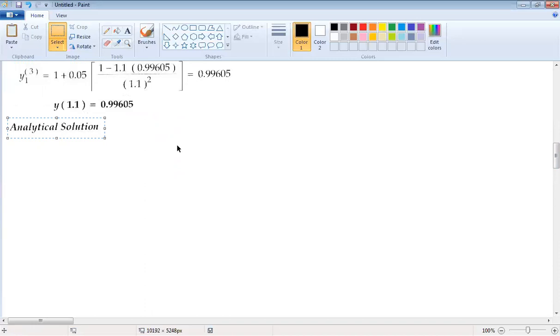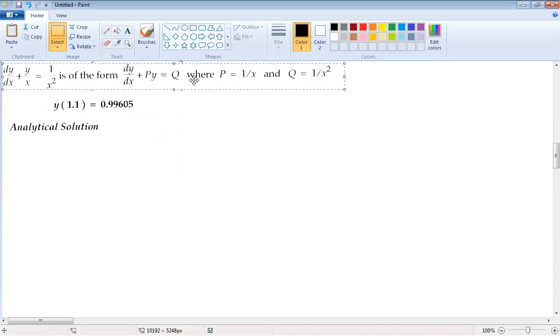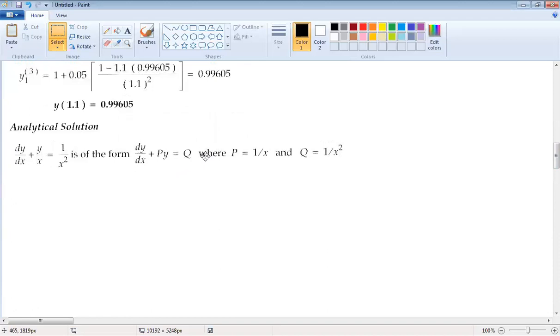So we're aware that this is a linear differential equation. To solve a linear differential equation, we use the solution, which is y times e to the power integral p dx is equal to integral of q times e to the power integral p dx, dx, plus c.